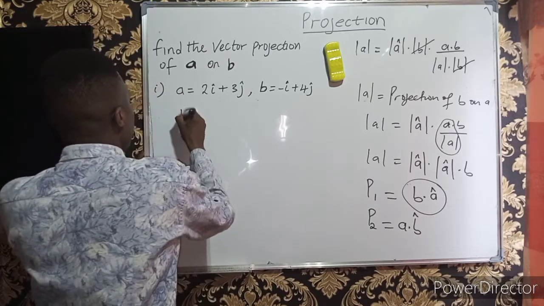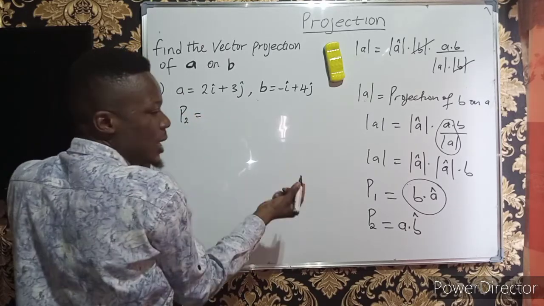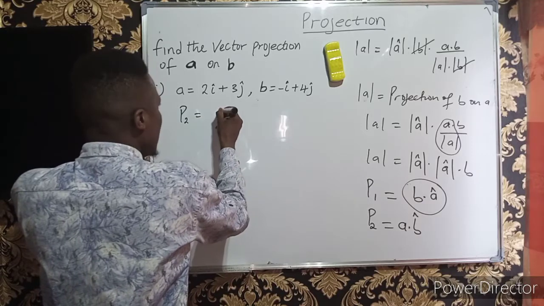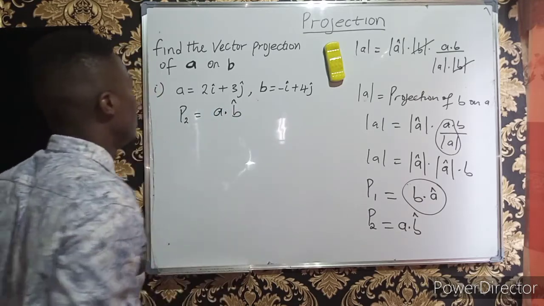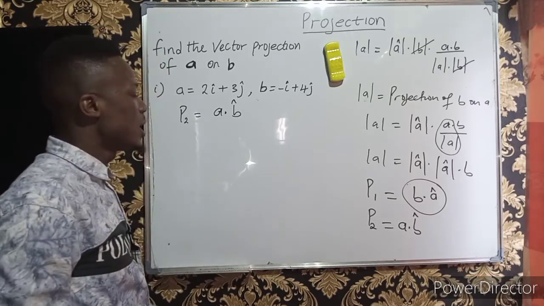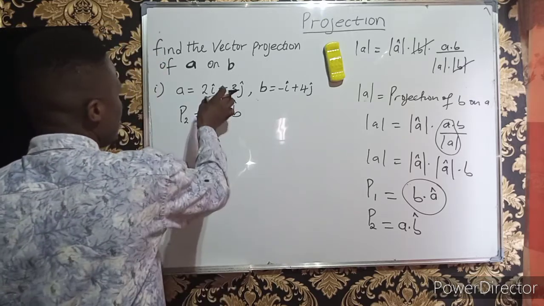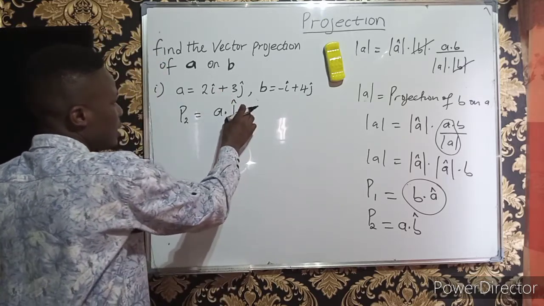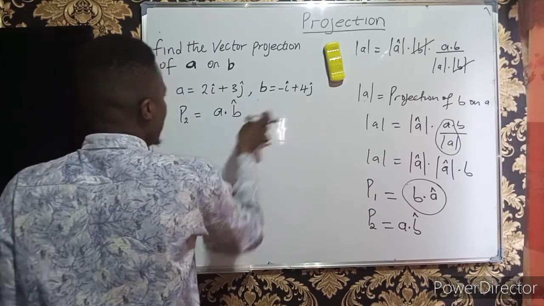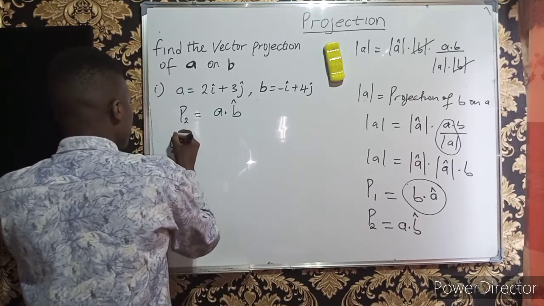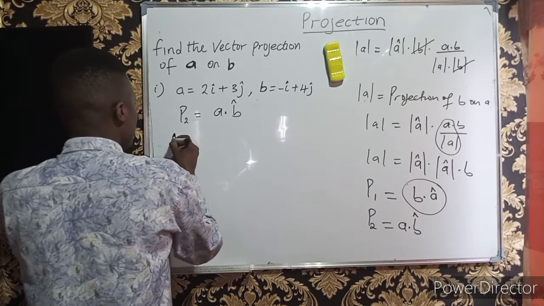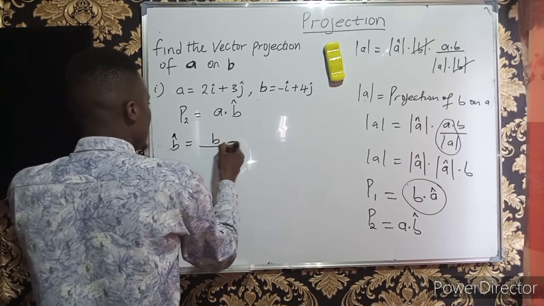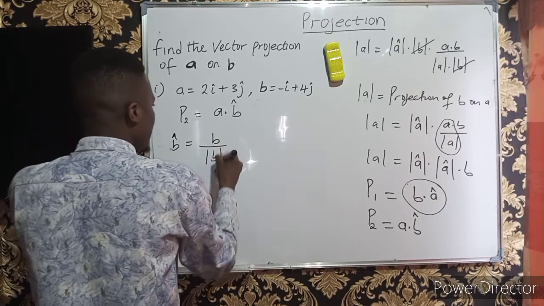So the required projection, let's say p2 or p1 or anything you want, will be a dot the unit vector of b. Now the vector a is already given, so let us get the unit vector of b. The unit vector of b is the same thing as b over modulus of b.